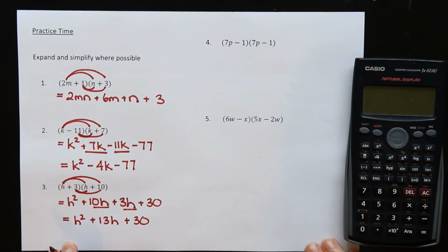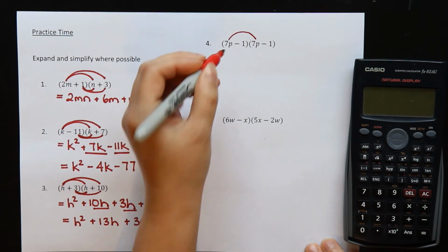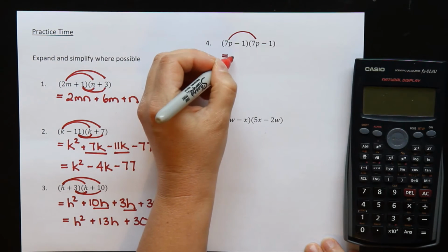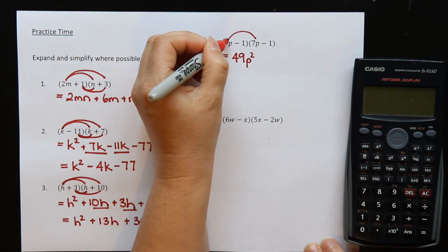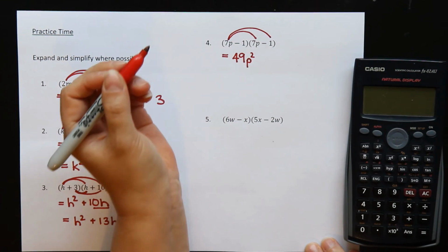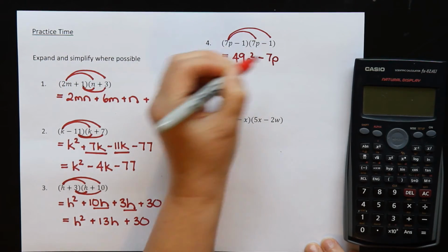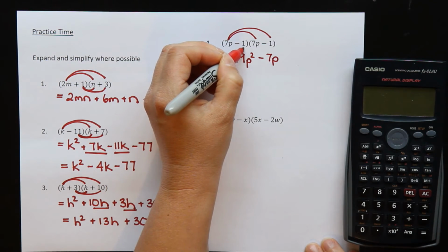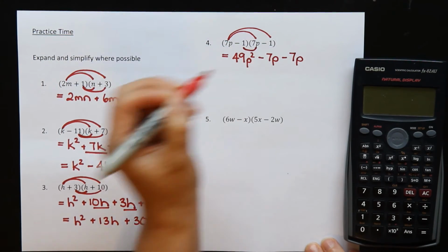Okay, question 4. 7p times 7p. 7 sevens are 49. p squared. Then we do outside. 7p times minus 1 is minus 7p. Then we do inside. Minus 1 times 7p is another minus 7p.